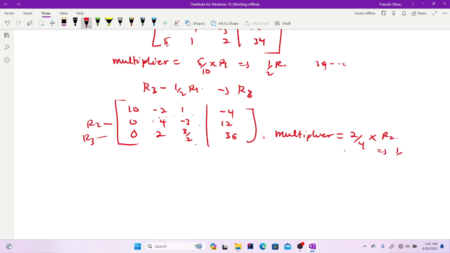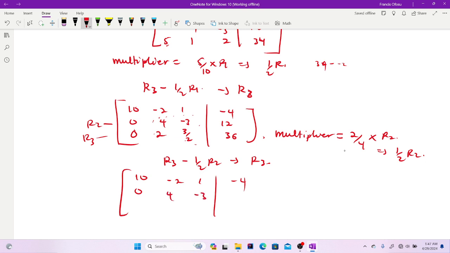This is giving me half row 2. And now my row operation becomes row 3 minus half row 2, all going into row 3. So simply I'll have 0 2 1 like 4, 0 4 like 3 12. Then 0, so 2 minus half 4 becomes 0. Then 3 over 2 minus half negative 3 over 2, so 3 over 2 minus 3 out of 2.